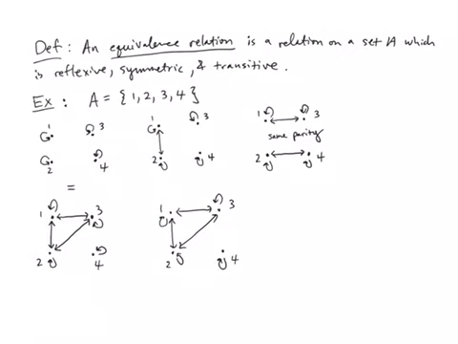If we add any other arrow, so for example, if I add this one here, then I can get from 1 to 4 on a journey of 2 steps, so I have to be able to go directly from 1 to 4 and back.